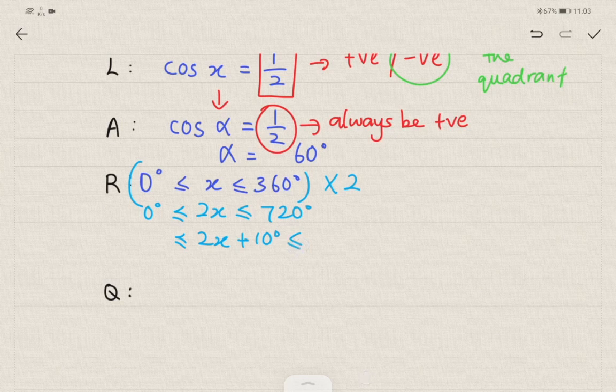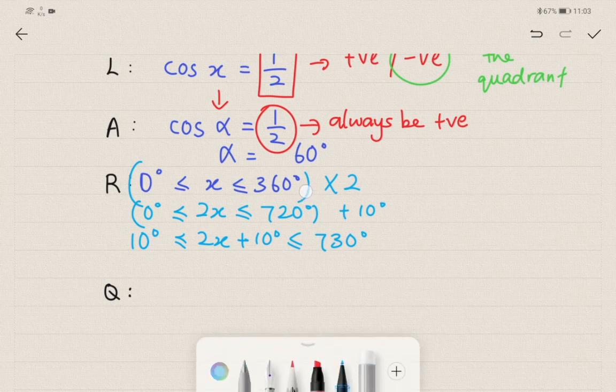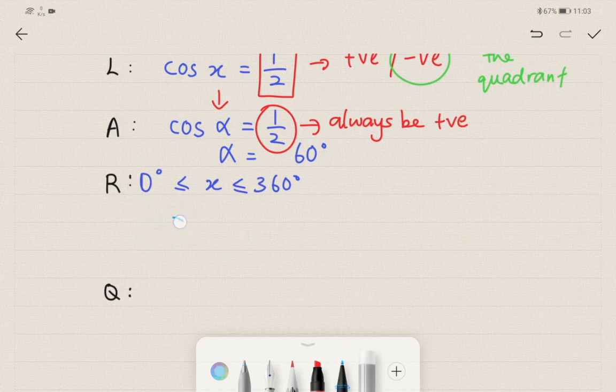So what you need to do is everything you plus 10 degrees. So here you will get 370 degrees, and here you have 10 degrees. But in this case we only have x, so we don't need to do any extra steps. But you need to know this.